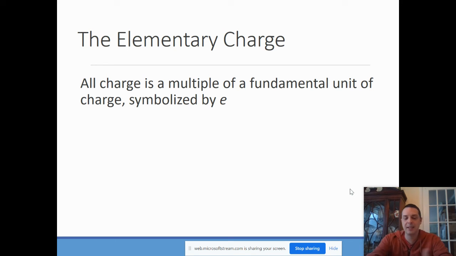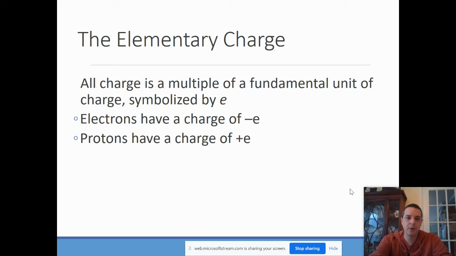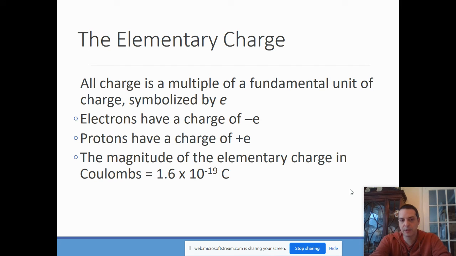So we say that each one of these fundamental charge-carrying particles, the proton and electron, is a multiple of some fundamental elementary charge, and we give this elementary charge the symbol e. Oftentimes we'll talk about electrons having a negative elementary charge and protons having a positive elementary charge. And each one of these particles has a magnitude of elementary charge that is 1.6 times 10 to the negative 19 coulombs.